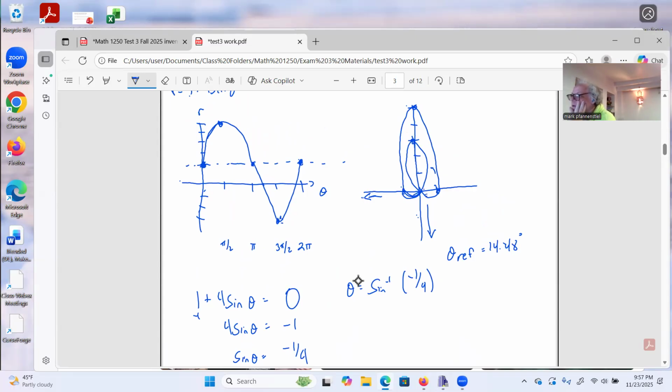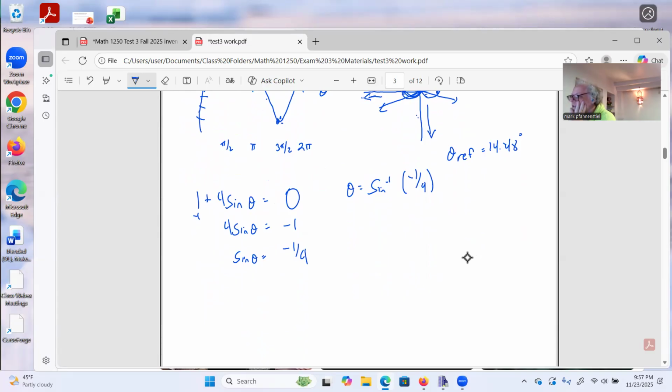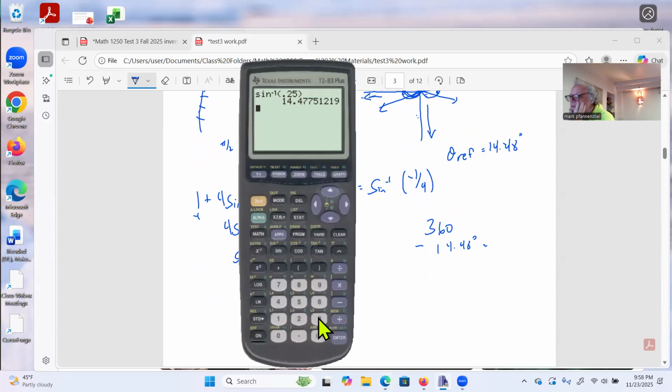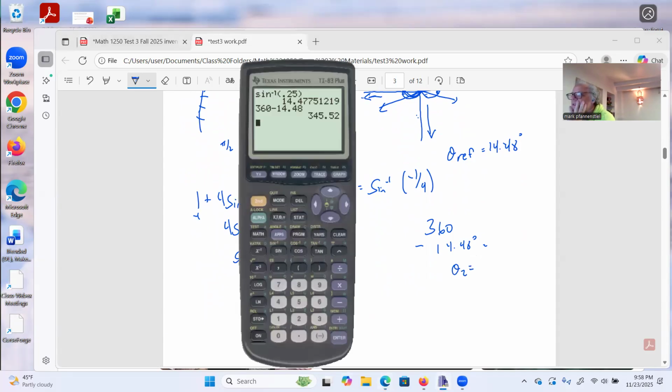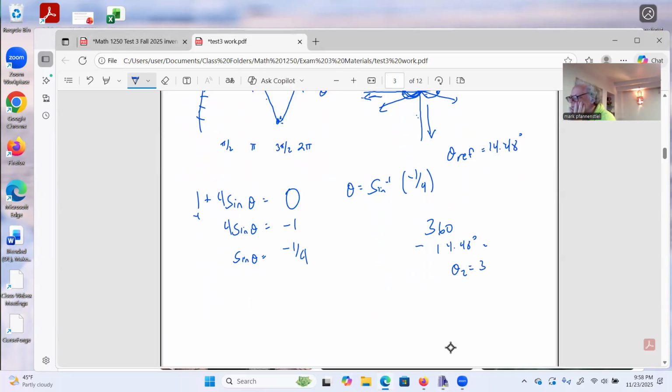Now this is going to happen in quadrant 3 and quadrant 4. So I want quadrant 3 and quadrant 4 where this is actually happening. So we're going to say 360 minus my 14.48 degrees, and I get that as an angle. So one of my angles is going to be 345.52 degrees.